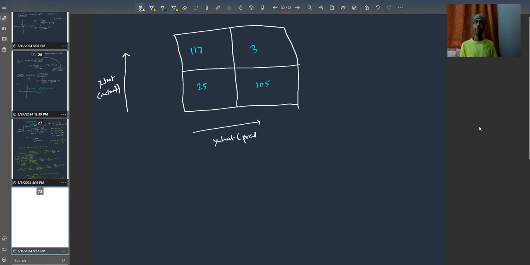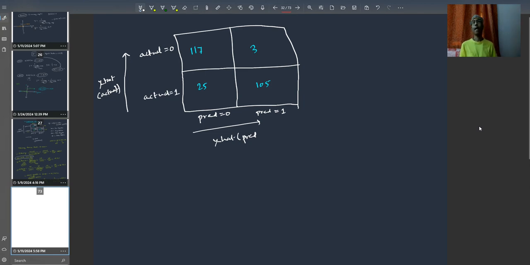And this first column denotes prediction is equal to 0. The second column denotes prediction is equal to 1. Here, the first row denotes actual is equal to 0, and the second row indicates actual is equal to 1.